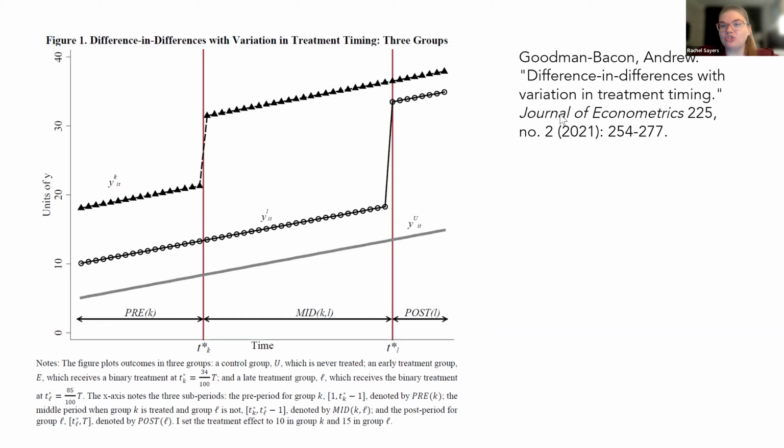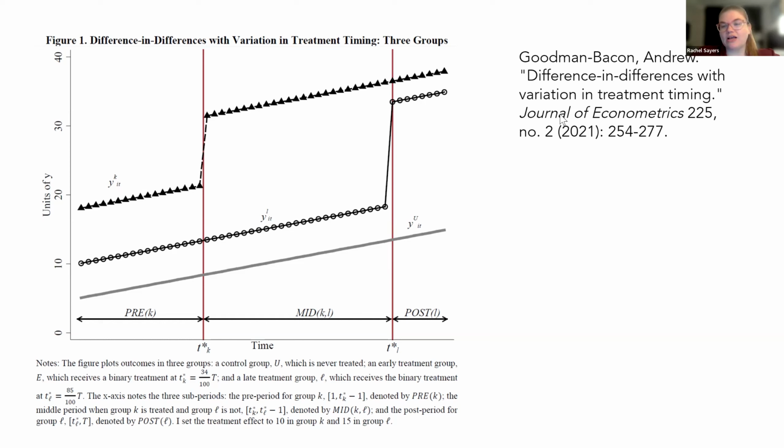These are people who are never treated in our time period. The triangle represents people that are treated at the first period of treatment, the first red line. And then the circles represent the people who are treated later, our later treated group.